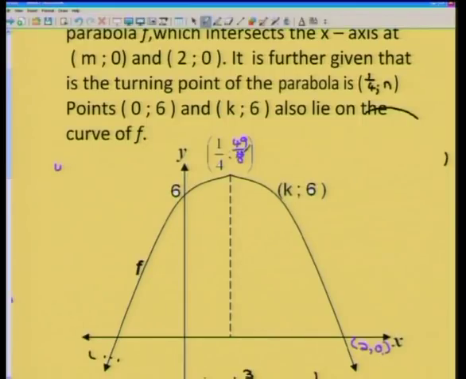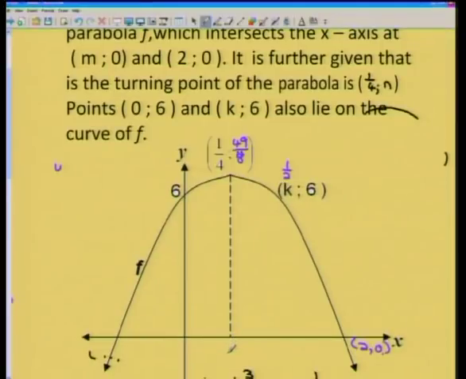Now if we're going to do the inverse, all we're going to do is swap around our x's and our y's. So where we had an axis of symmetry of x equals a quarter, we will now have an axis of symmetry of y equals a quarter, like that. Then our turning point, which was (a quarter, 49/8), now becomes (49/8, a quarter).